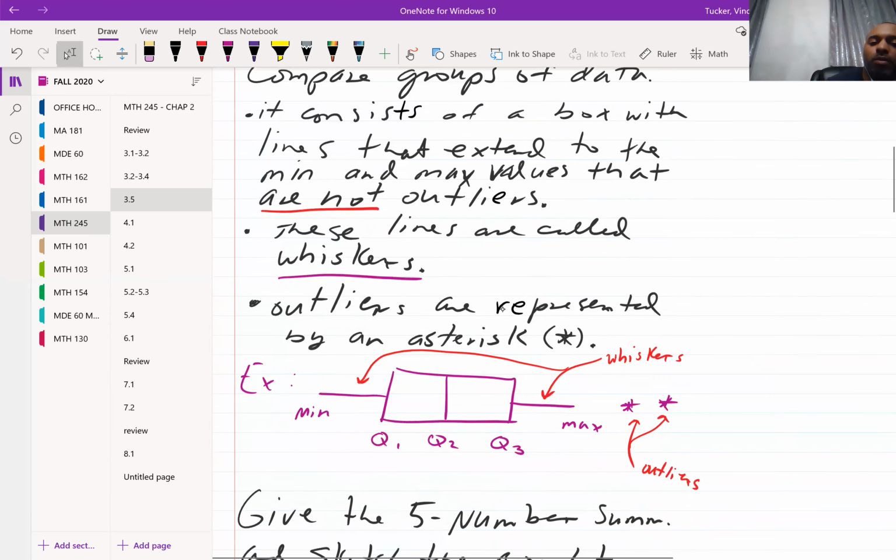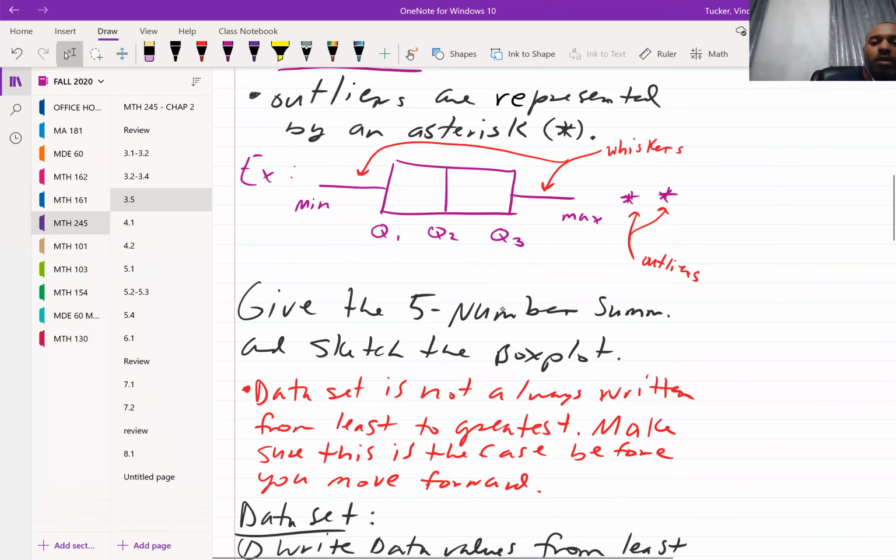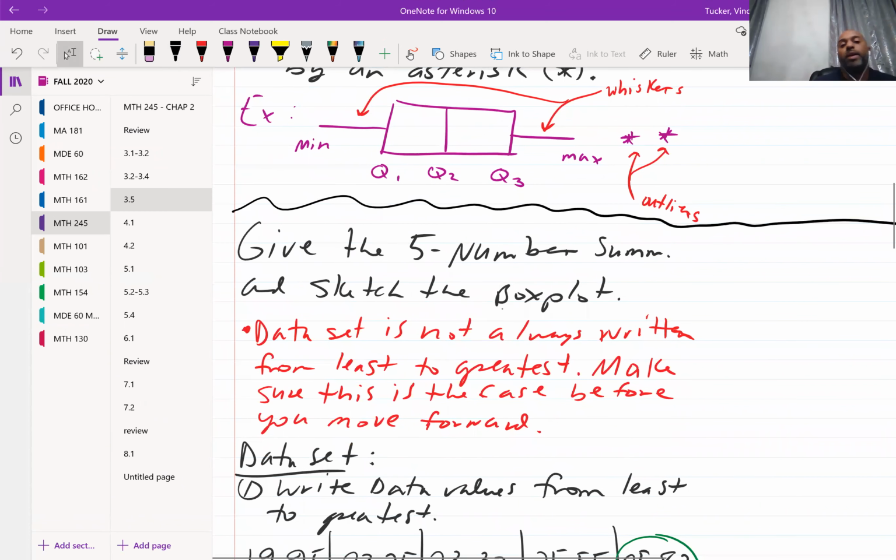All right, scrolling up. So directions: give the 5-number summary and sketch the box plot.